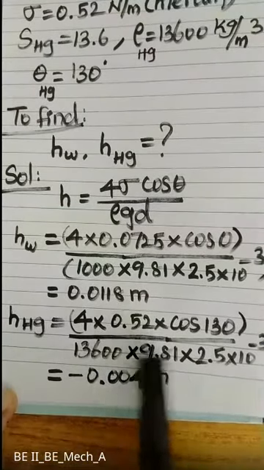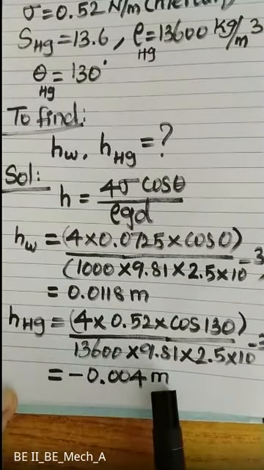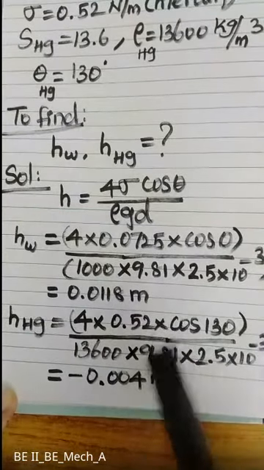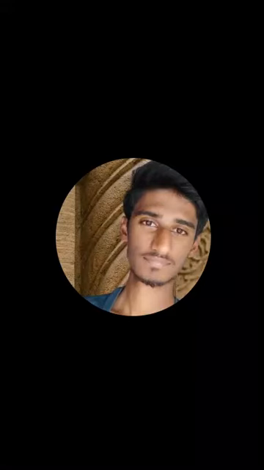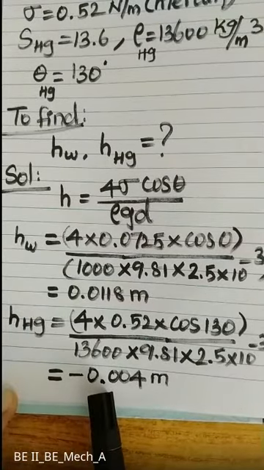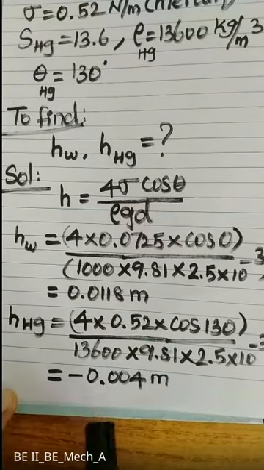But here it is negative. What is the meaning of this? Directly opposite: if it is a rise, then this is a decrease. So you will have a capillarity fall in the glass tube because it is mercury.